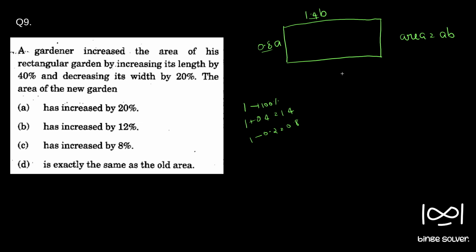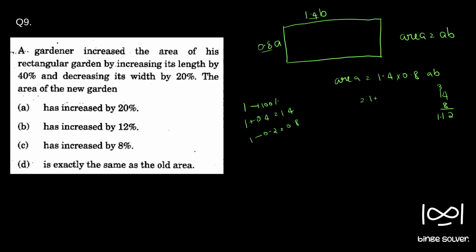So the new area is 1.4 into 0.8 AB. 14 into 8 is 112, so we have 1.12.